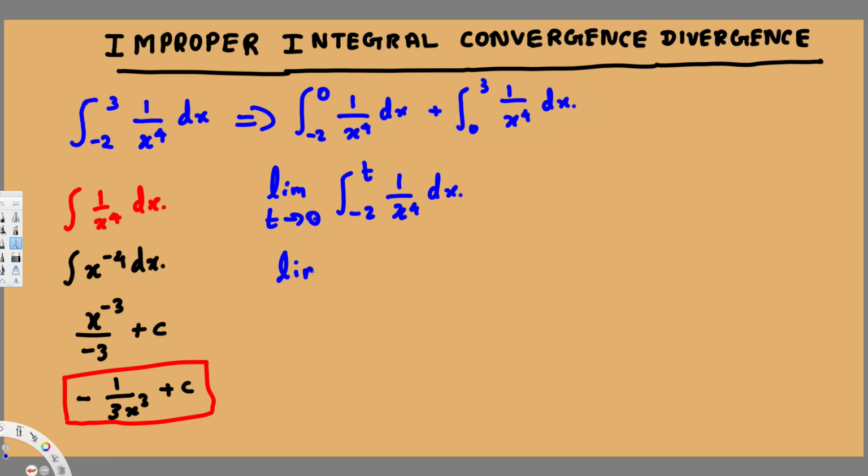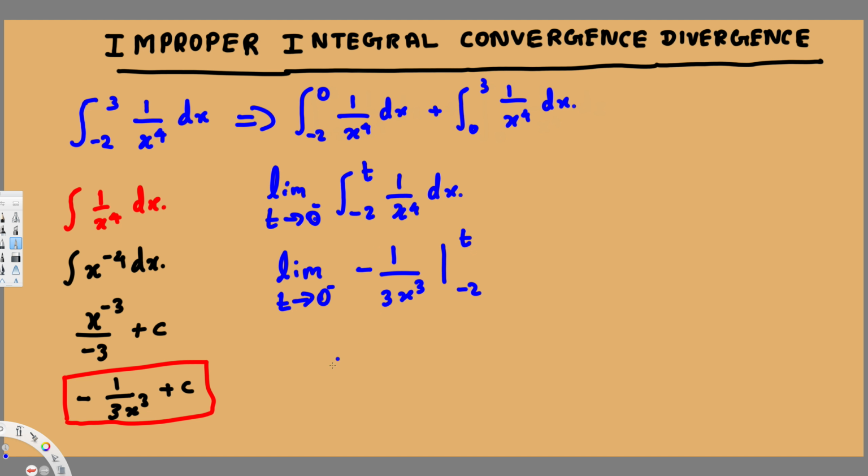So this is going to be the limit as t approaches 0 from the left side, so we have to put a negative sign right here. t approaches from the left side, and we are going to have this expression: -1 over 3x cubed, and the limits of integration are -2 to t.